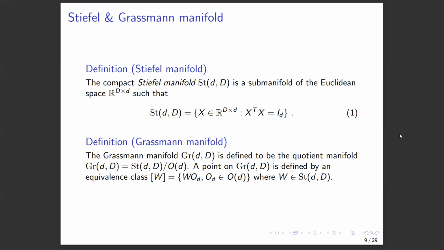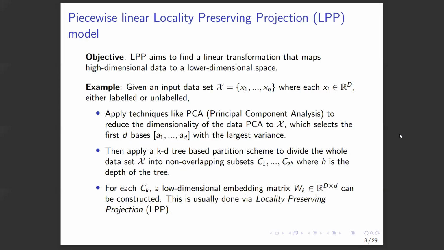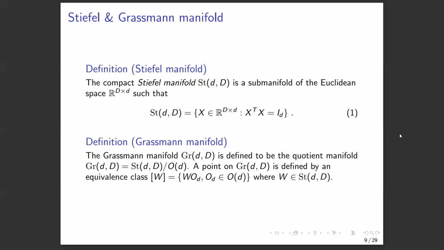As we talked about before, the W matrix is something we care about. The W matrix here provides a low-dimensional representation of our dataset. In this case, the column space of W is what we care about. So we can assume that the column space of W is an orthonormal basis.